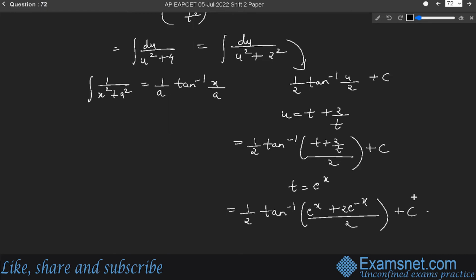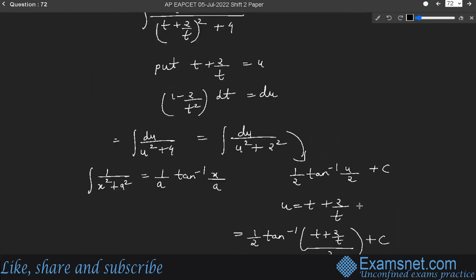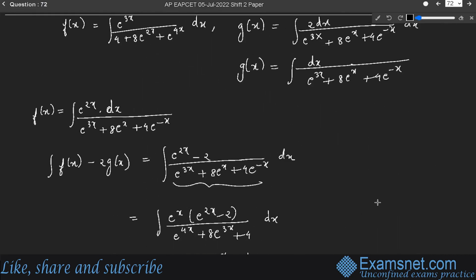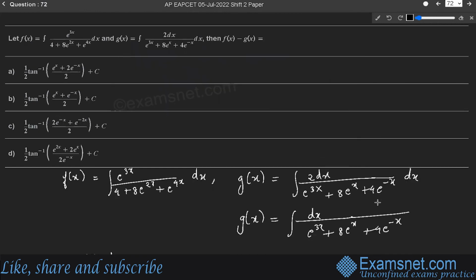This is the required value for the given question. Therefore, out of all the given options, the correct option is 1 by 2 into tan inverse of e to the power x plus 2 into e to the power minus x divided by 2 plus c. So option number A is the correct option for this question.